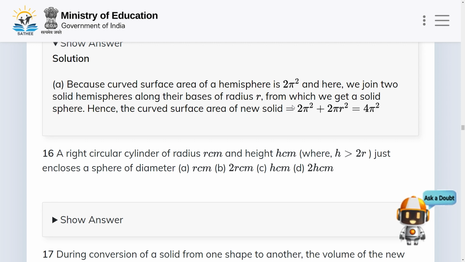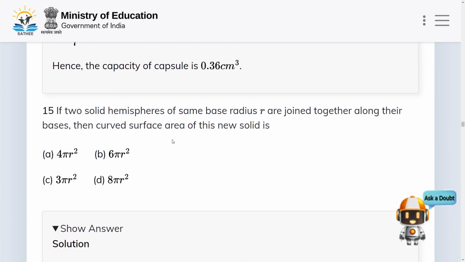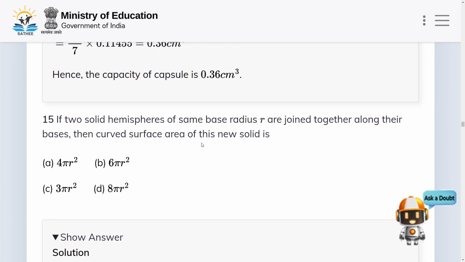Hence the curved surface area of the new solid is equal to 2 pi r square plus 2 pi r square, that is equal to 4 pi r square. So the curved surface area of the new solid is 4 pi r square, and option A is the correct answer.